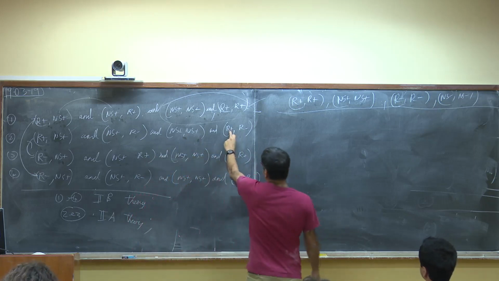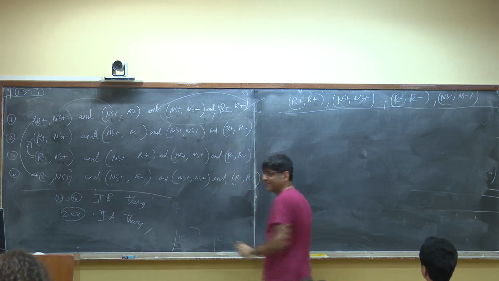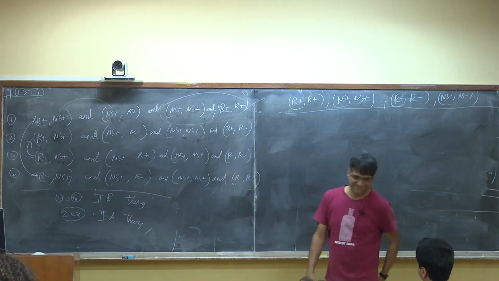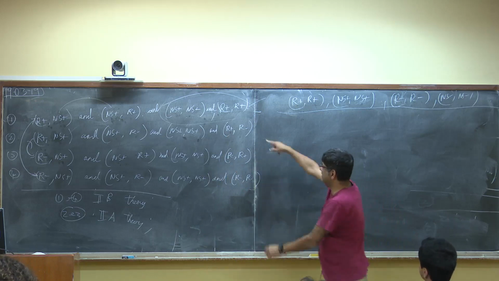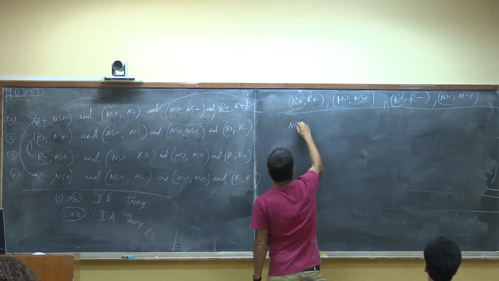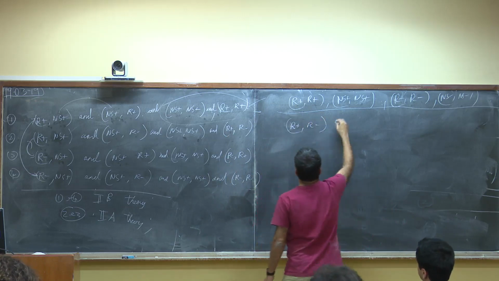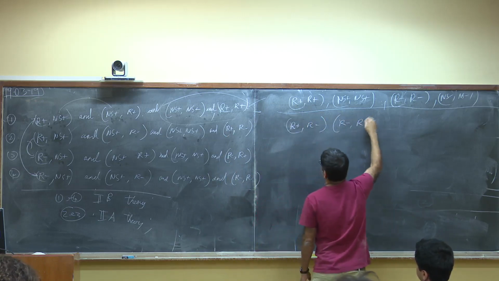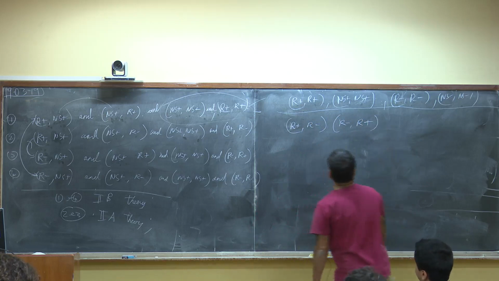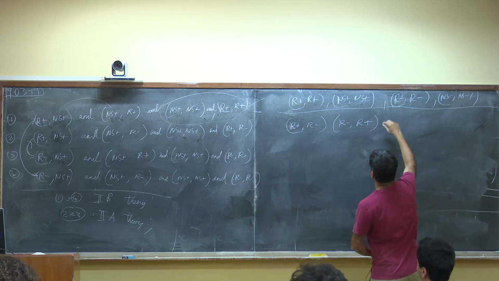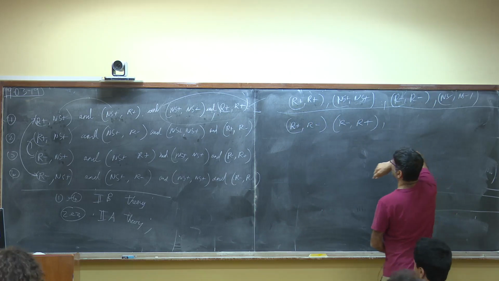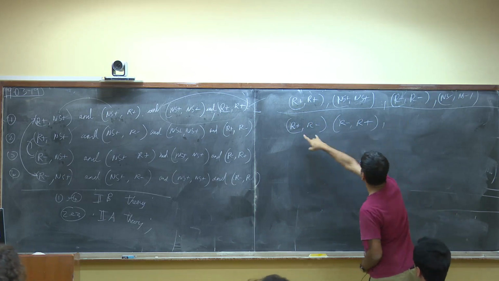Now, here if we have R plus R minus, the only other thing that's allowed is R minus R plus. So the thing that would complete this would be NS plus, let's write it, R plus R minus with R minus R plus. And then we would have a contradiction because we would have an NS minus NS plus. Let's see.